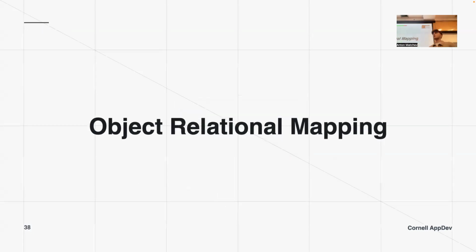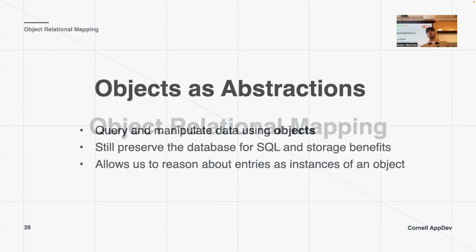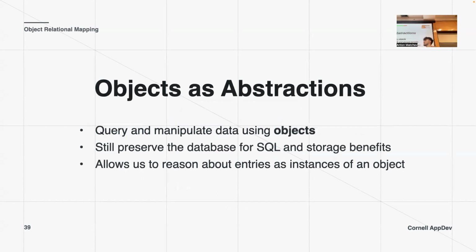So this is where the ORM comes in. ORM is object relational mapping. And it solves that problem of SQL injection and the vulnerabilities and the readability issues we mentioned before, where we now represent a table in our database as an abstraction. If you remember from Java or Python, you have this concept of classes.